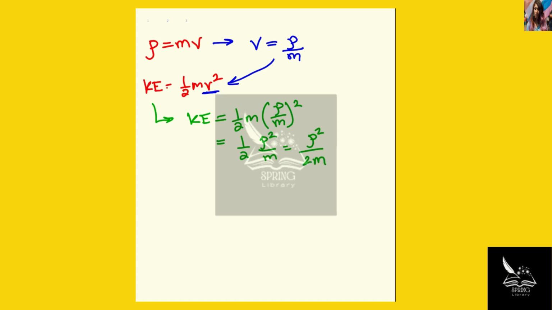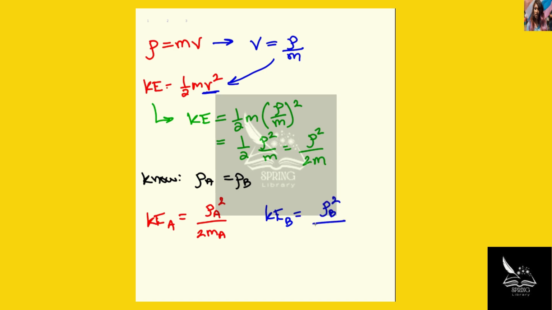Now, we know that momentum of A is equal to momentum of B. So in a case where you have kinetic energy A equals momentum of A squared over 2mA, and you have another case, kinetic energy of B is equal to momentum of B squared over 2mB.